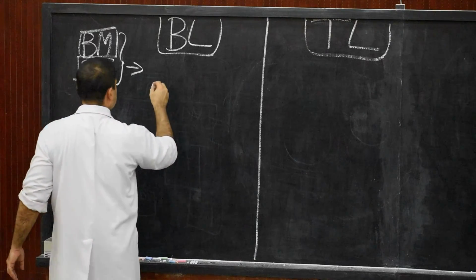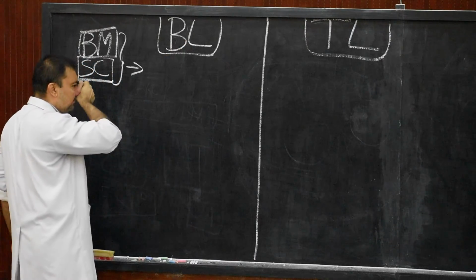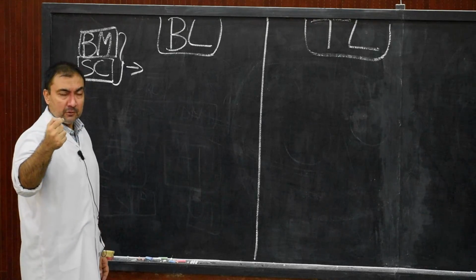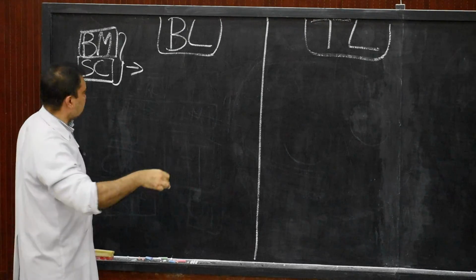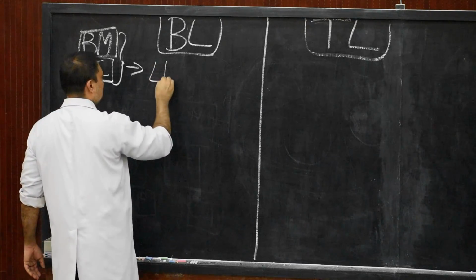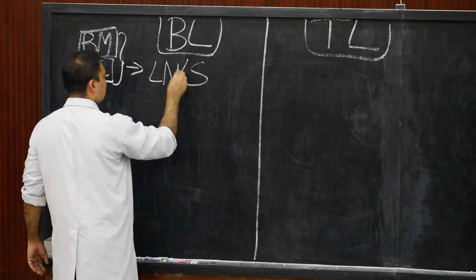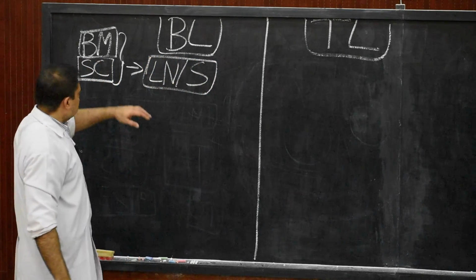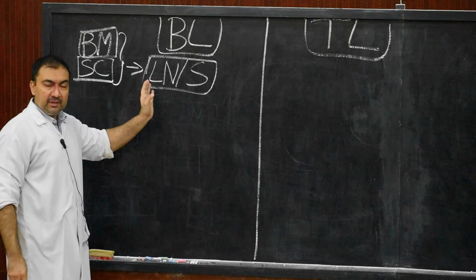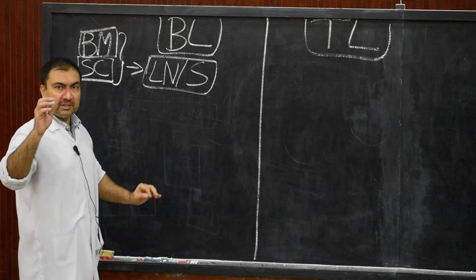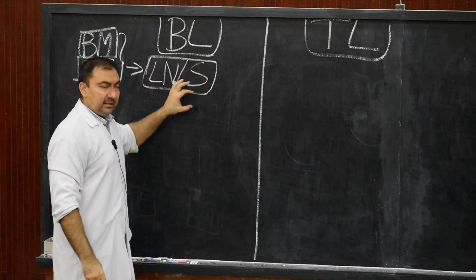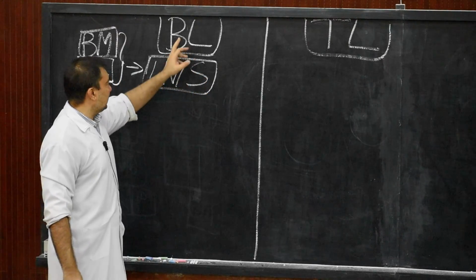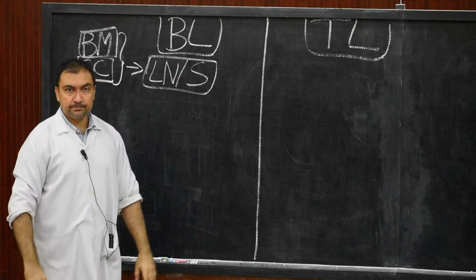So for the B lymphocytes, these cells will settle in the lymph node, spleen, etc. These are the non-thymic lymphoid tissues where stem cells that have differentiated from bone marrow will travel and settle down, and those stem cells settled in these non-thymic tissues of the lymphoid system will be known as B lymphocytes.